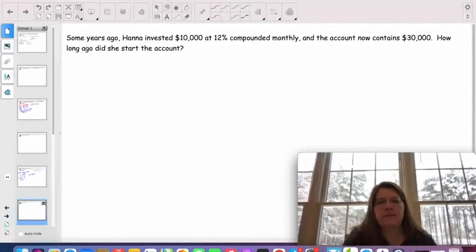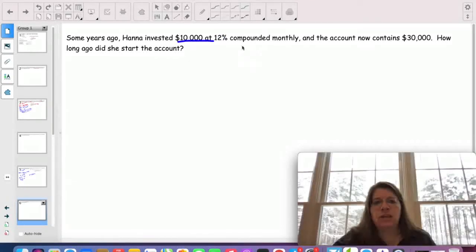In the next problem, it says some years ago, Hannah invested $10,000 at 12% compounded monthly, and the account now contains $30,000. How long ago did she start the account? Okay, so Hannah invested $10,000. She invested that $10,000 at 12%. It's compounded monthly.